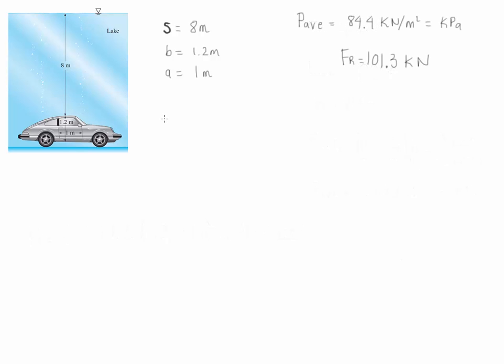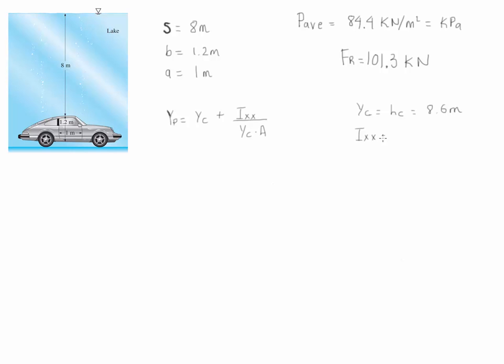Let's now calculate the pressure location, which is given by the formula YP equals YC plus IXX of the particular section divided by YC times A. Because the surface is completely vertical, the value of YC is equal to the value of hc, which for our case is 8.6 meters.